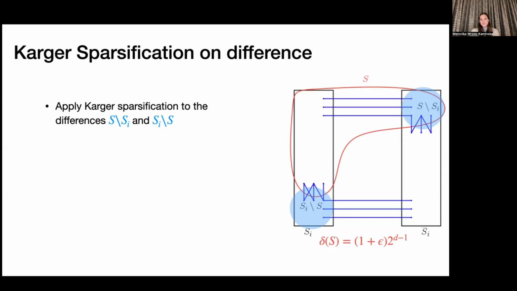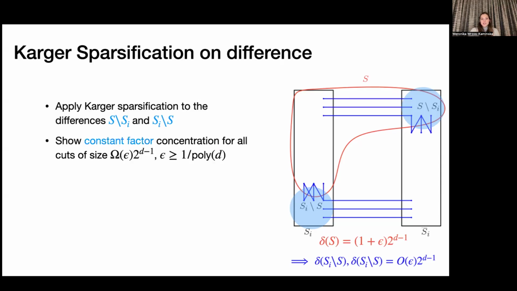Now suppose that the red cut S had size 1 plus epsilon times 2 to the d minus 1 before I subsample. Then we can show that the size of the blue cut is O of epsilon times 2 to the d minus 1. In other words, it's just an O of epsilon fraction of a coordinate cut size.